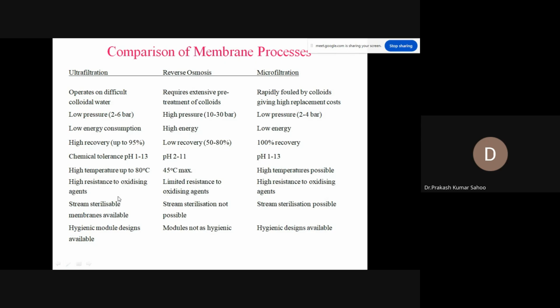Then there is high resistance to oxidizing agents for ultrafiltration, limited resistance for RO, and high resistance for microfiltration. Steam sterilization is available for ultrafiltration, not possible for RO, and also possible for microfiltration. Hygienic module designs are available for ultrafiltration, modules are not as hygienic for RO, and hygienic design is available for microfiltration. So this is the basic difference between the three membrane separation processes: ultrafiltration, reverse osmosis, and microfiltration.